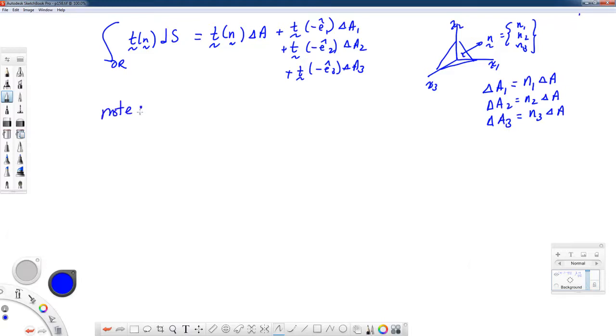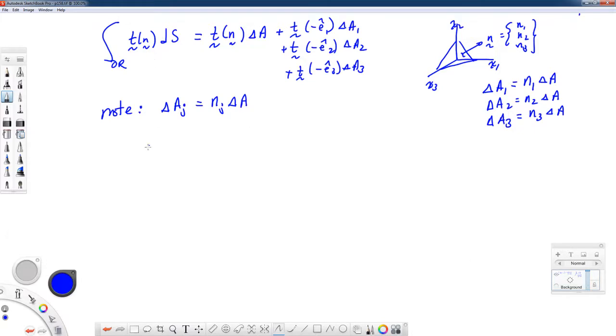But for now, we'll just note that the area delta A j is equal to the n j component of that unit normal. It has to be set up this way with these three perpendicular coordinate axes for our Cauchy tetrahedron. But delta A j is equal to n j times the area delta A.